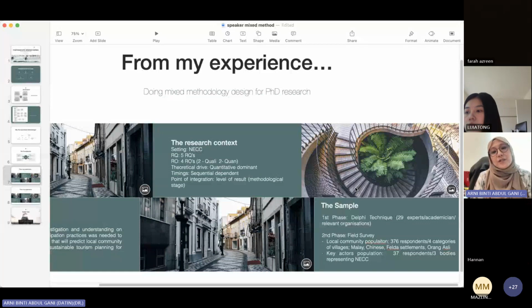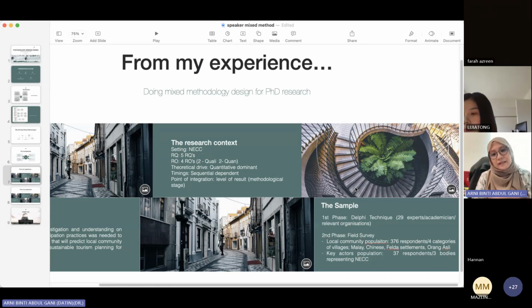I ended up with 29 experts, mainly academicians and relevant organizations representing or having interest in protected areas in Malaysia. So that is my Delphi, that is my qual.